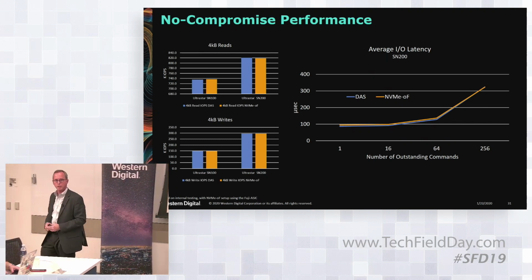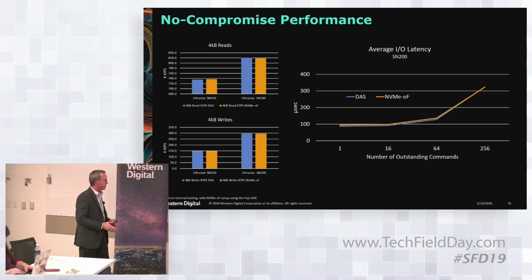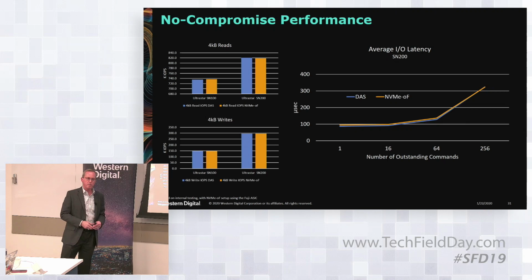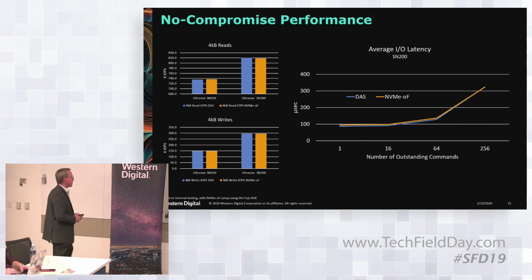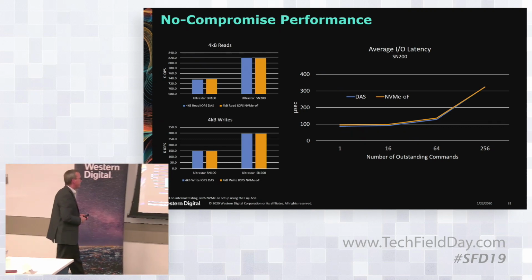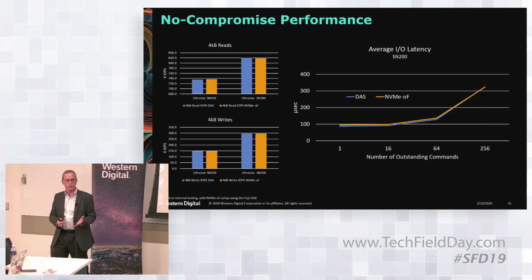The reason I show that is because of some of the things that date back to Kazan and NVMe over fabrics, and some of the things that they've been doing over the years in conjunction with Western Digital prior to us acquiring them. But basically what this shows is whether it's DAS or over the fabric, the IOPS are essentially the same.